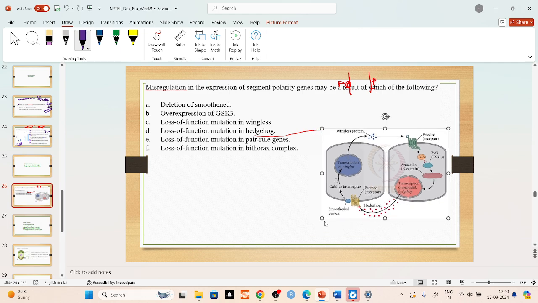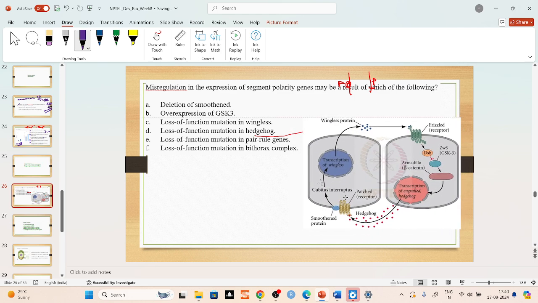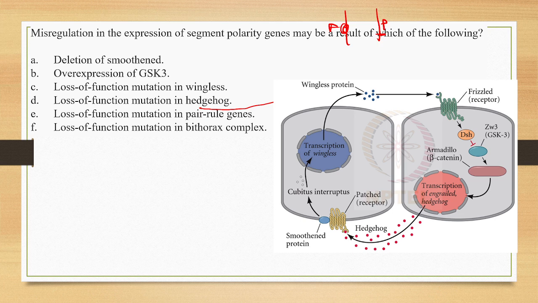Now see here, the question is: misregulation in the expression of segment polarity genes may be a result of which of the following?